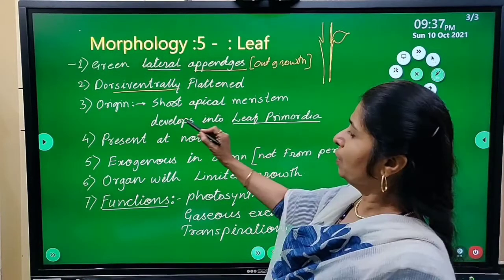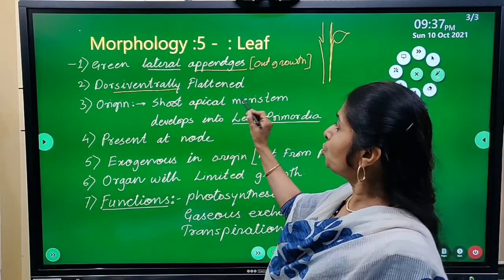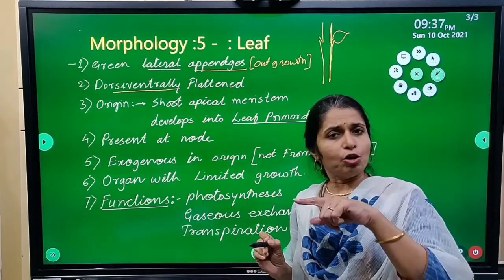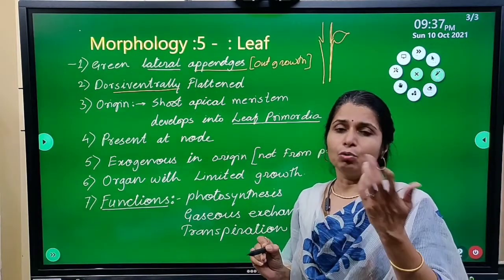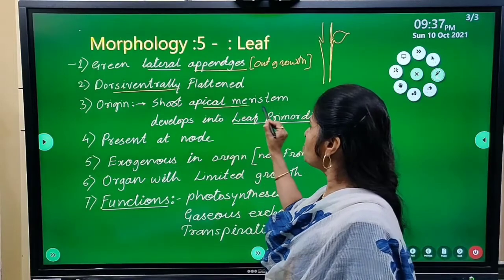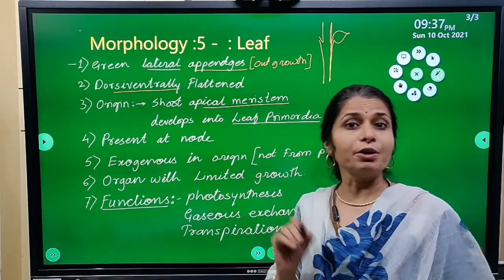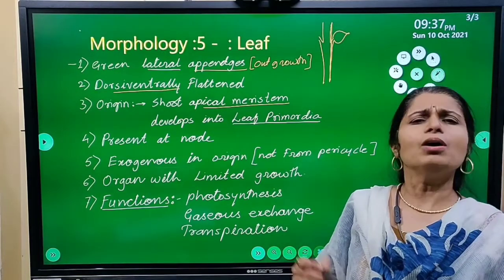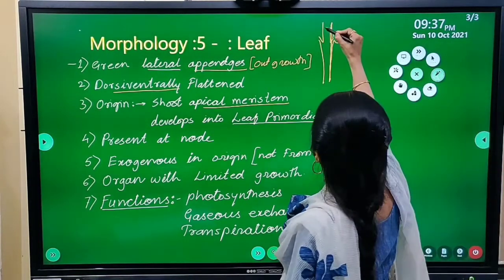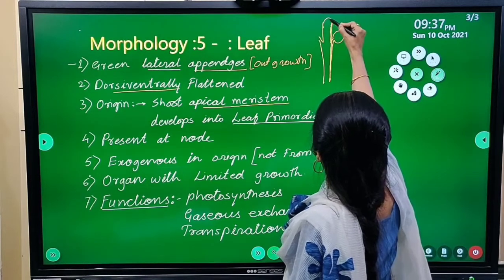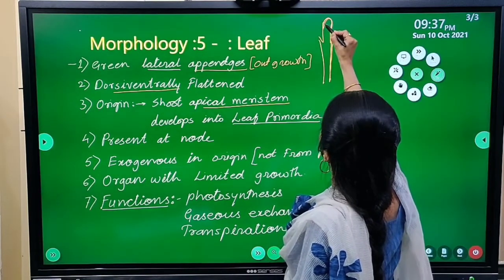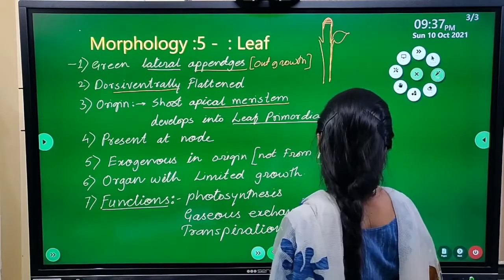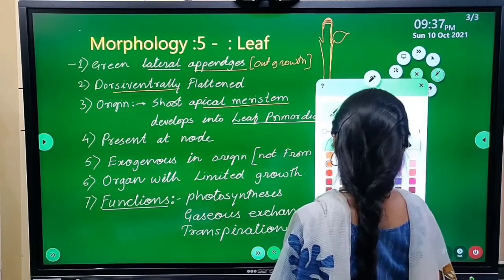Okay, then its origin is shoot apical meristem. Anatomy lesson हो गया है आपका, तो आपको shoot apical meristem समझाने में मुझे कोई दिक्कत नहीं है. You already know. If you don't know that, or let us revise, ये जो भी shoot tip है, ये shoot tip है प्लांट का, यहाँ पे हमेशा ग्रोथ होती है. ग्रोइंग अपाइसेस हमने देखे थे.